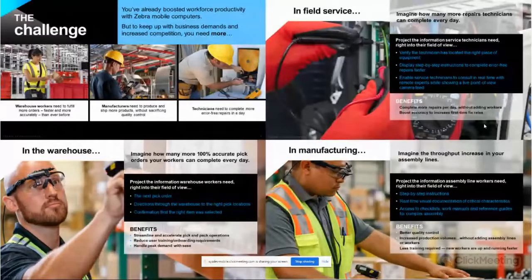Not the whole task, not an entire manual, not an entire pick list, but the next thing they need to do. In that way, it should dramatically improve productivity. It should also dramatically improve accuracy, and therefore improve efficiency as well.